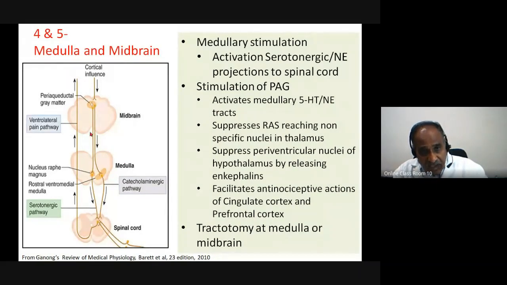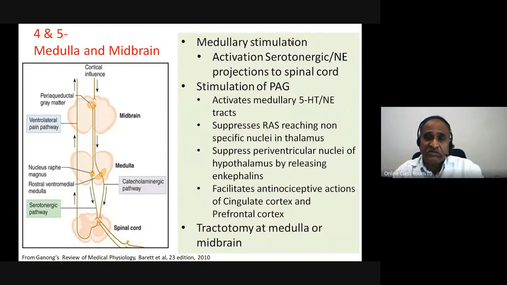At the same time, it will send impulses and release serotonin or acetylcholine to close the gate. So closure of the gate is 1, blocking here is 2, blocking at the hypothalamic level is 3, and suppressing the cortical influences at the cingulate and the prefrontal cortical levels. So it performs a good function.